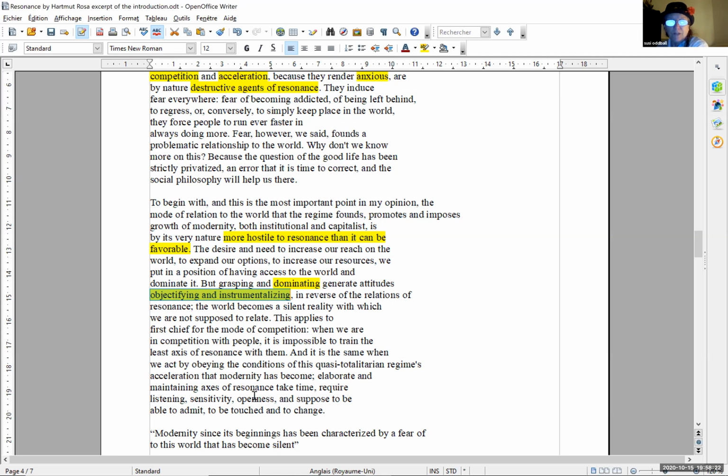I wanted to ask you also a question, which was: the world becomes a silent reality with which we are not supposed to relate. Is that saying that capitalism, or some form of capitalism, creates that silent reality deliberately so that we don't relate to it? Oh, that's too deep a question for me to answer.